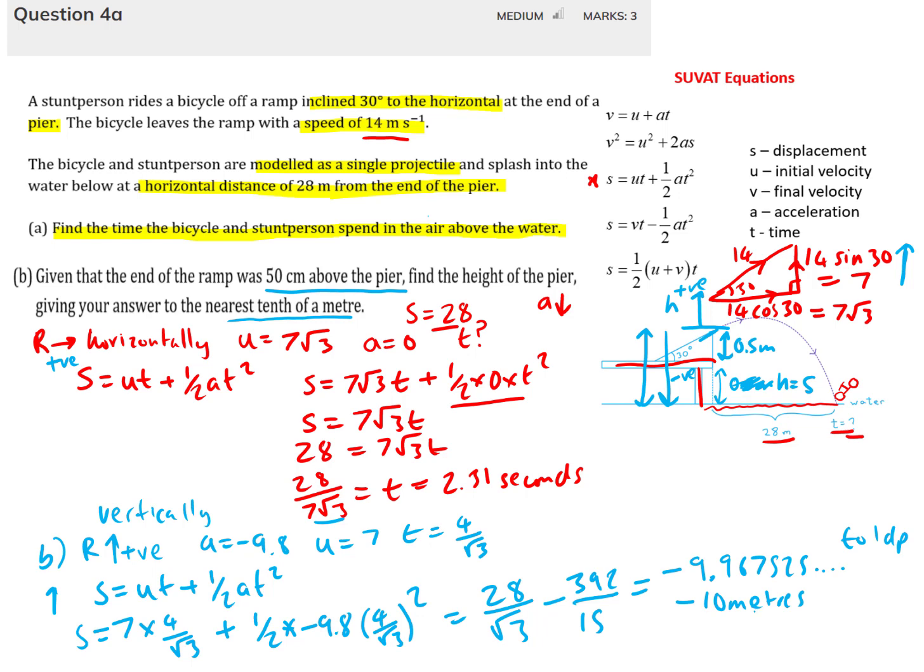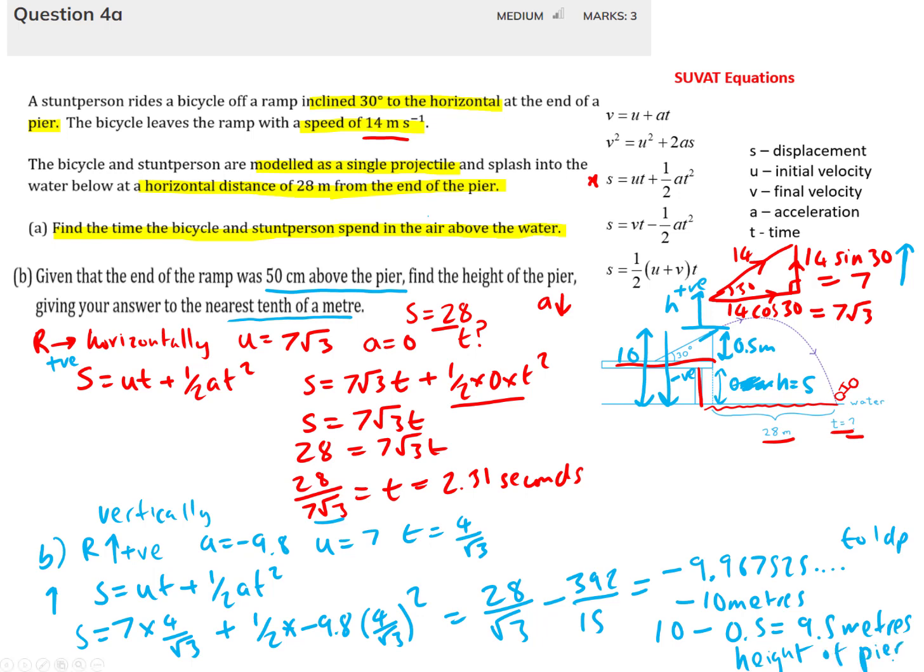Now the height of the pier is 0.5, so obviously we're going to say this height is actually 10, including the ramp. So it's going to be 10 meters minus the height of the ramp, which is 0.5, so it's going to be 0.5 meters, which is the height, do state this, the height of the pier.